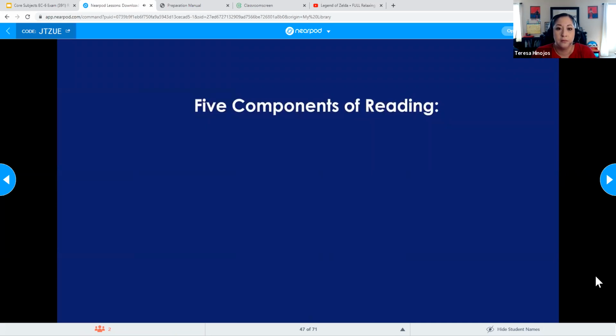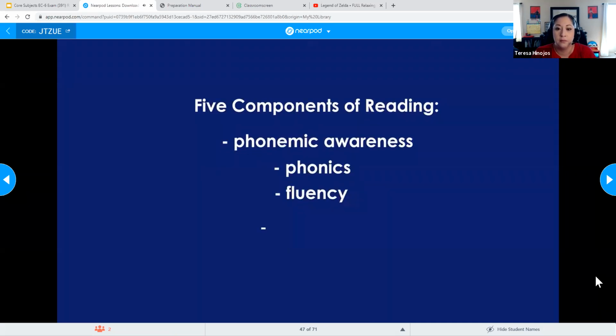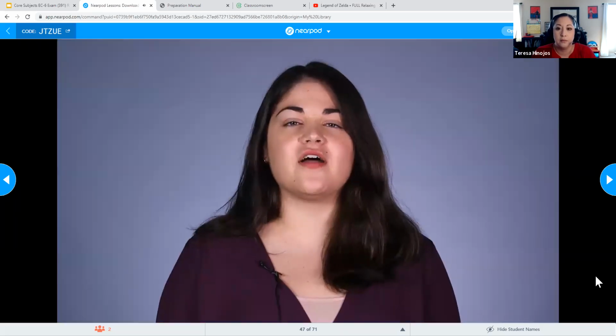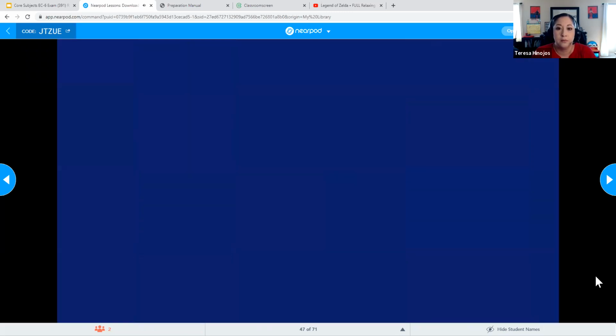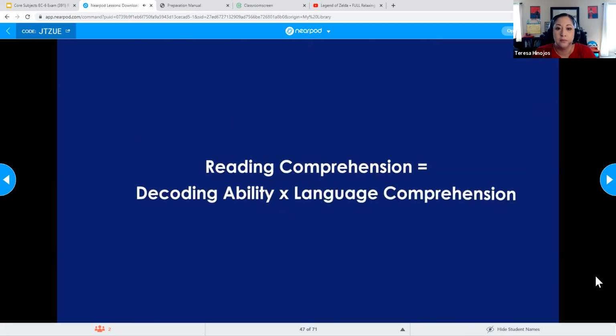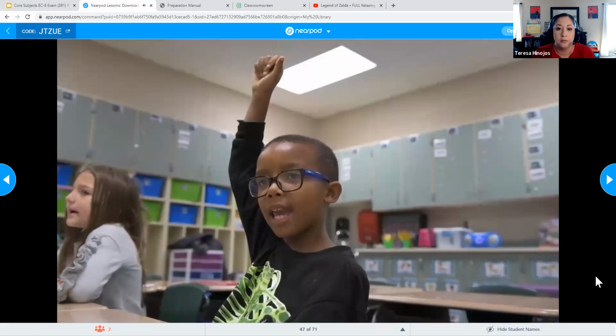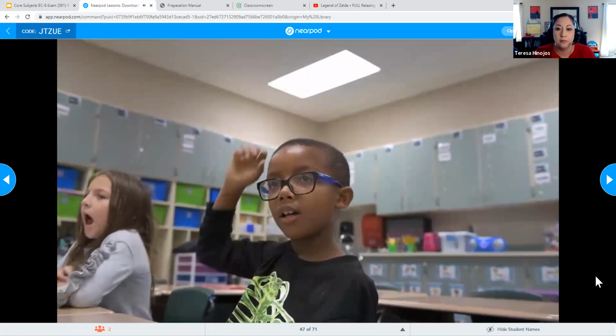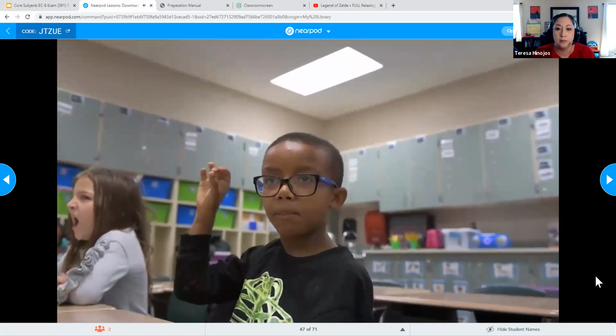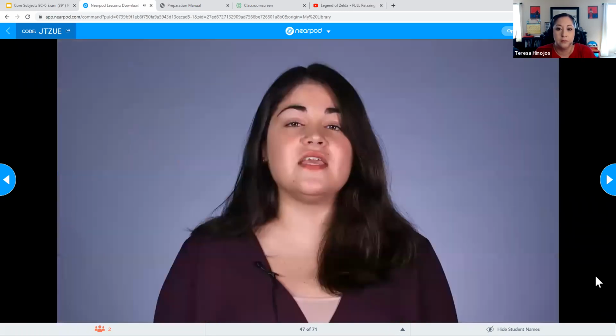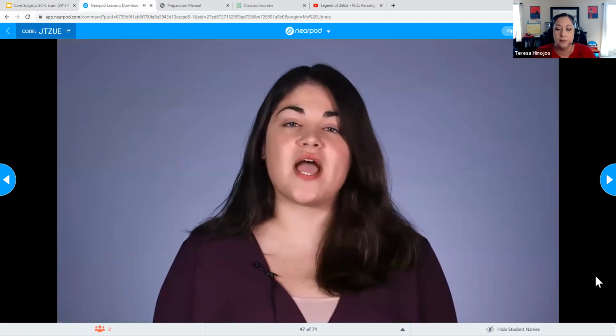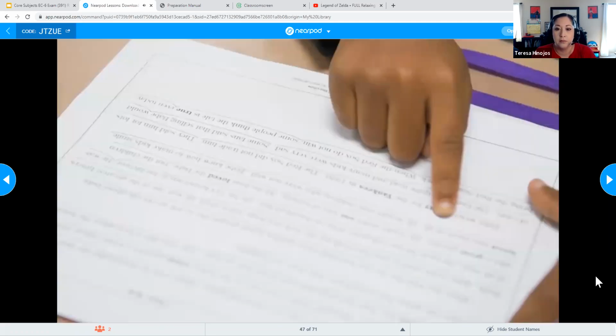There are 5 components of reading: phonemic awareness, phonics, fluency, vocabulary, and comprehension. A framework called the Simple View of Reading explains how comprehension works. It says that reading comprehension is the product of decoding ability and language comprehension. A student needs both good decoding and good language skills to understand what's on the page. If either one of those is low, then comprehension will be low as well.